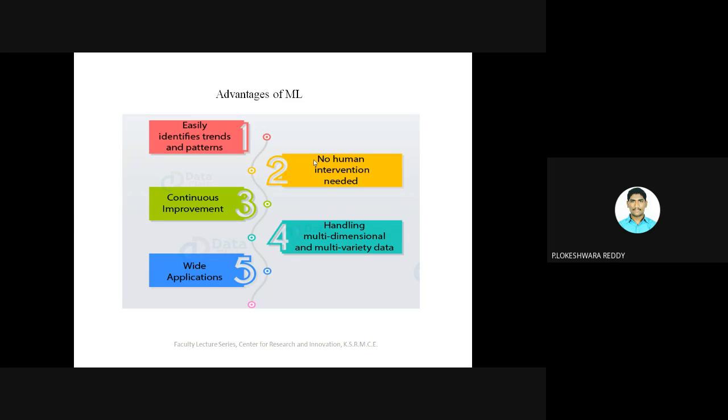And at the outset, we could see some advantages related to machine learning. That is, it makes identifying trends very easy, and the intervention of humans, that is the utility of the human workforce, is very less, and it's a continuous improvement process, and there are wide scopes of applications for machine learning.